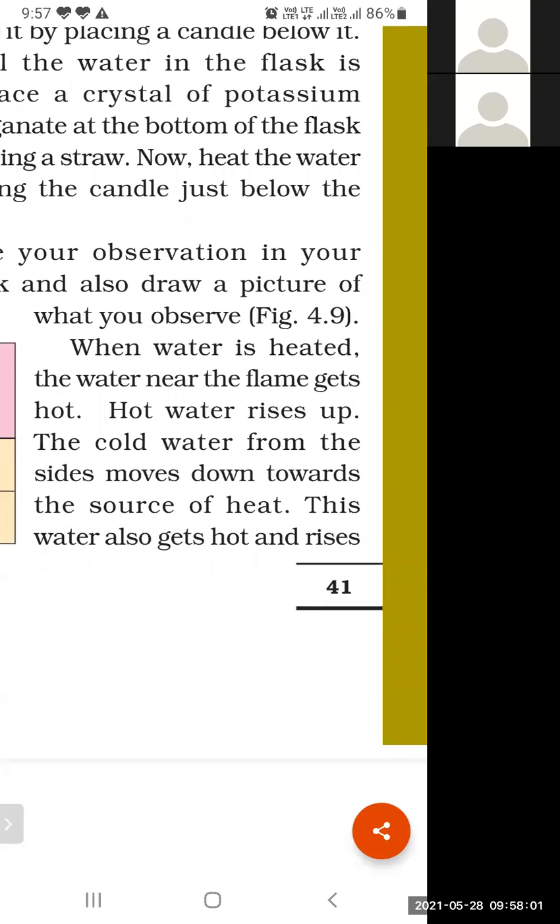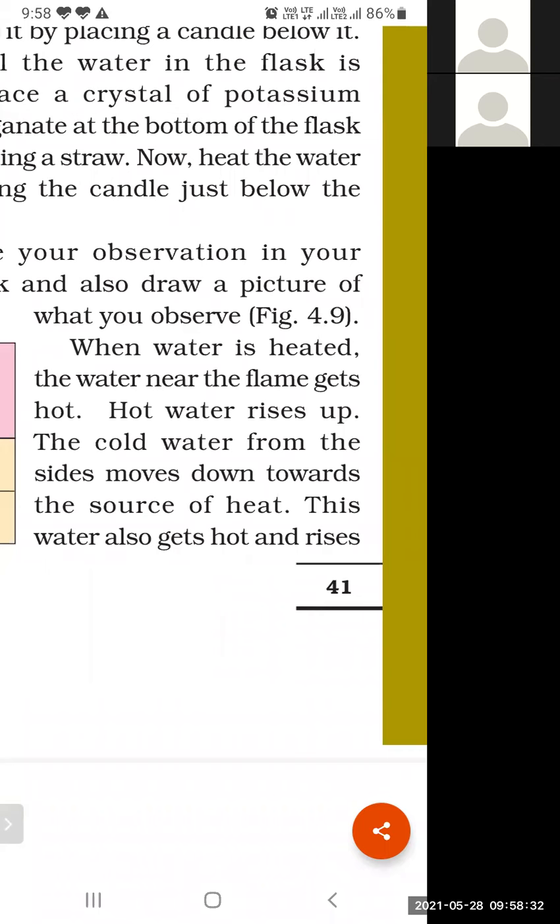It becomes hot, and the hot water rises up. The cold water from the side moves downward. And again, the sidewise water, which is cold, also gets hot and rises up.